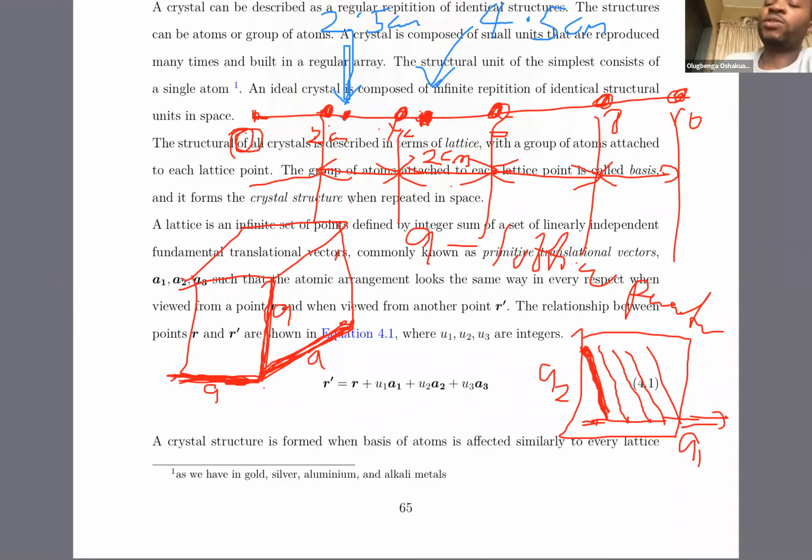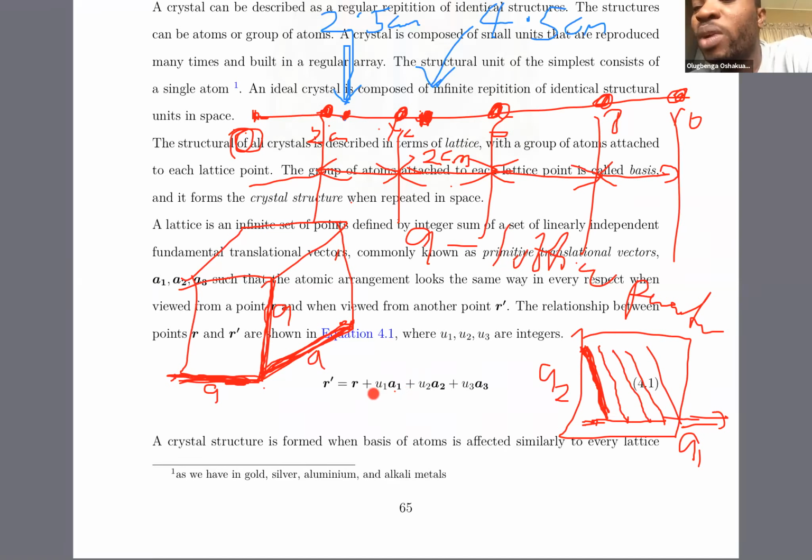One thing you've not noticed about your graph sheet is that your x-axis is like a vector x. Your y-axis is like vector y. And the same thing applies here. Our A1 here is vector A1. Our A2 here is vector A2. And I have tried bolding wherever we have a vector. When you look at this equation, it says R prime is equal to R plus U1 A1.